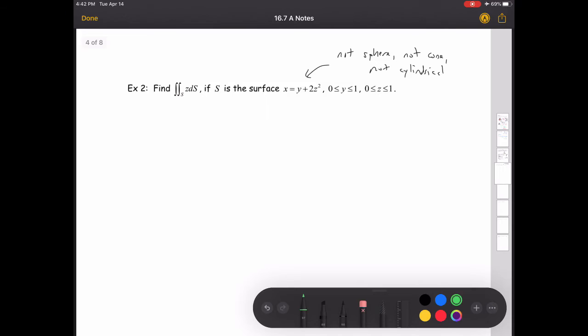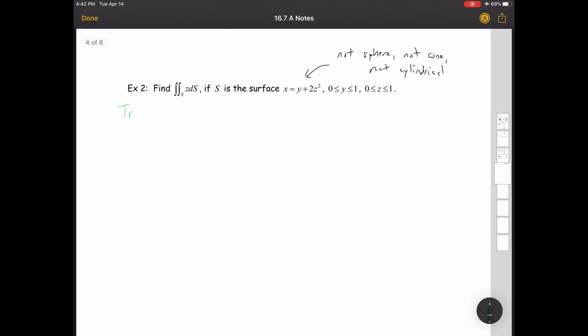And remember that the idea for the trivial parameterization was you're going to let 2 of the variables just be themselves, and then the third variable will be a function of the other 2. So in this case, it looks like x is a function of y and z, the way we have this thing written. So we're going to let y equal y. We're going to let z equal z. And then we'll let x equal a function of y and z, which is y plus 2z squared.